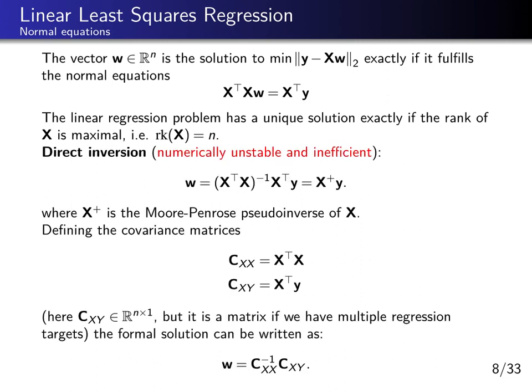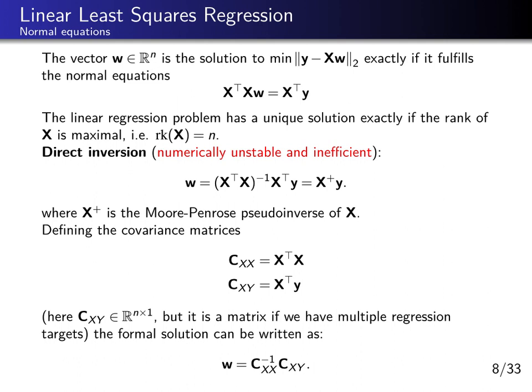Now, formally, we can solve the normal equations shown above using direct matrix inversion. So if you multiply with the inverse of X transposed X, then you get that w equals the Moore-Penrose pseudo-inverse. So this is the inverse of X transposed X multiplied by X transposed y.